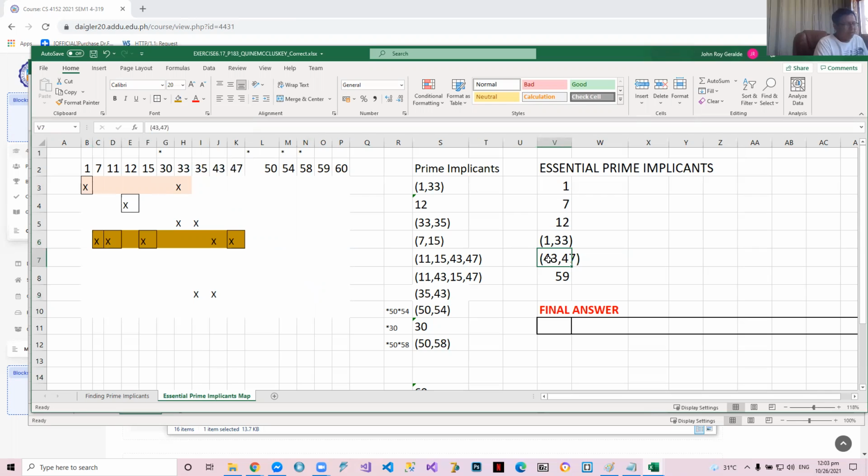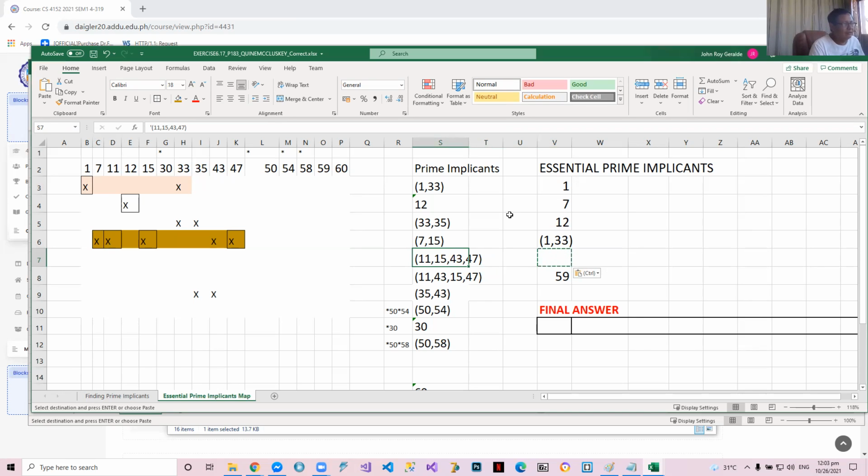This one. We copy this. Essential ito, kasi 11 is single. How about 7? Kasi ang 7, na-include na natin ang 7, right? Include it here. Oh, sorry.